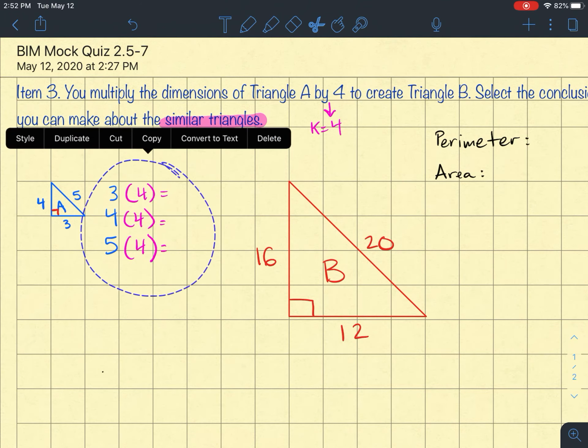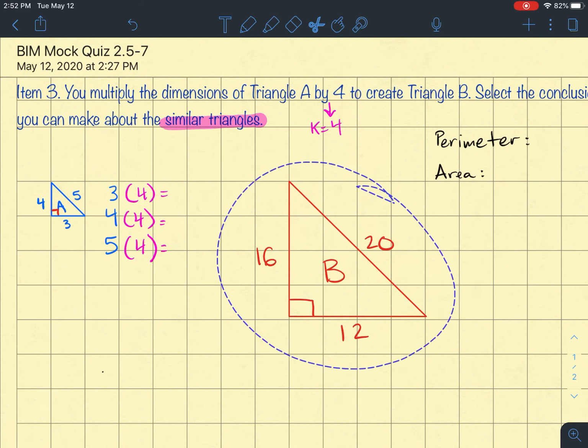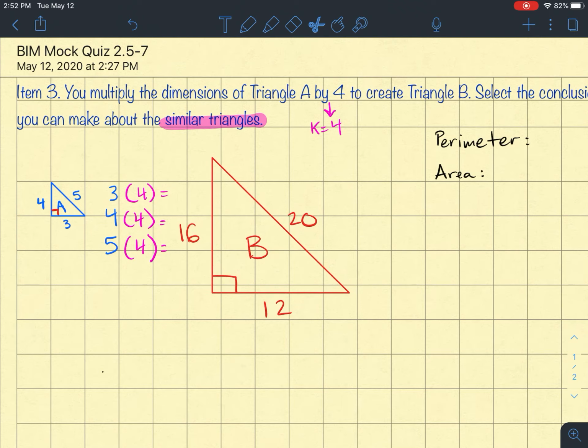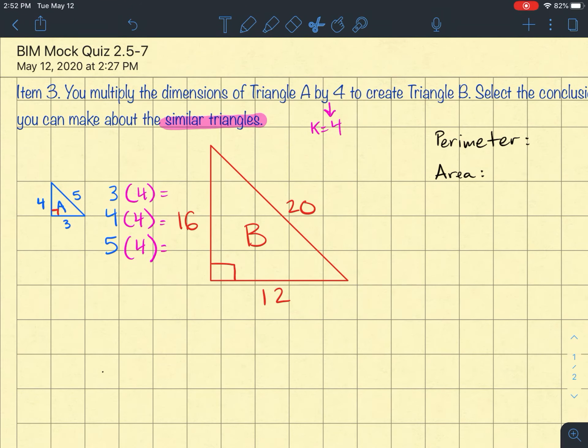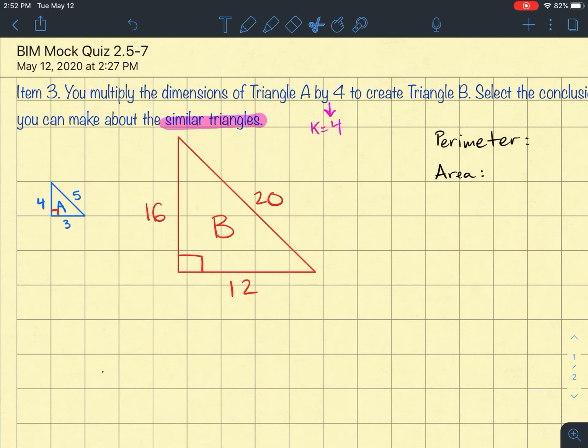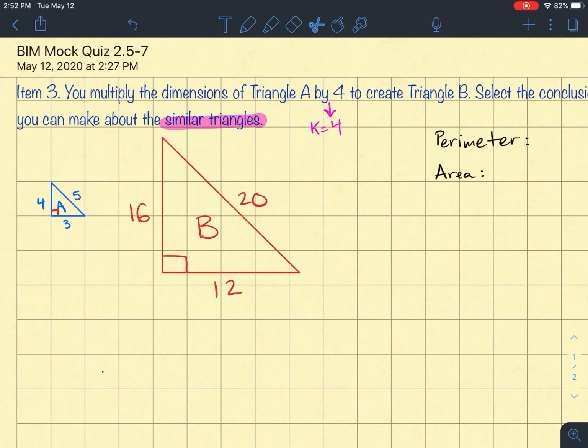So now we have these two triangles that we can use. I'm going to actually erase this to clean it up a bit. We have these two triangles that we're going to use to prove why the correct answers are correct.